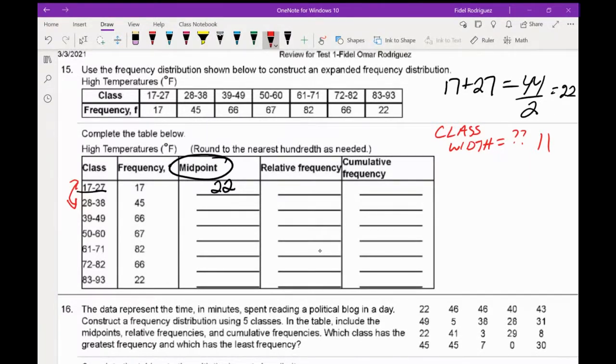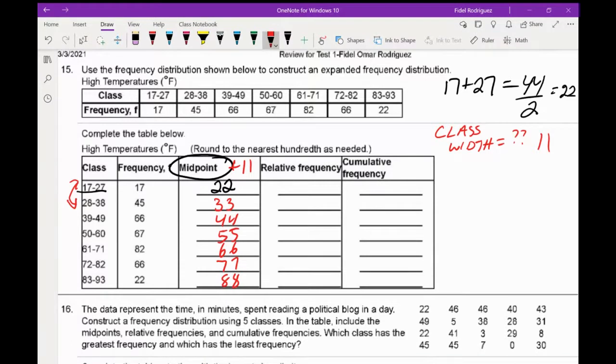Excellent. So guys, remember what we're going to do now? We're going to add 11 to this number here. That's going to give me 33, 44, 55, 66, 77, and 88, right? Okay. And I think Erica told me that in the chat too. Thank you, Erica, for giving me 11.